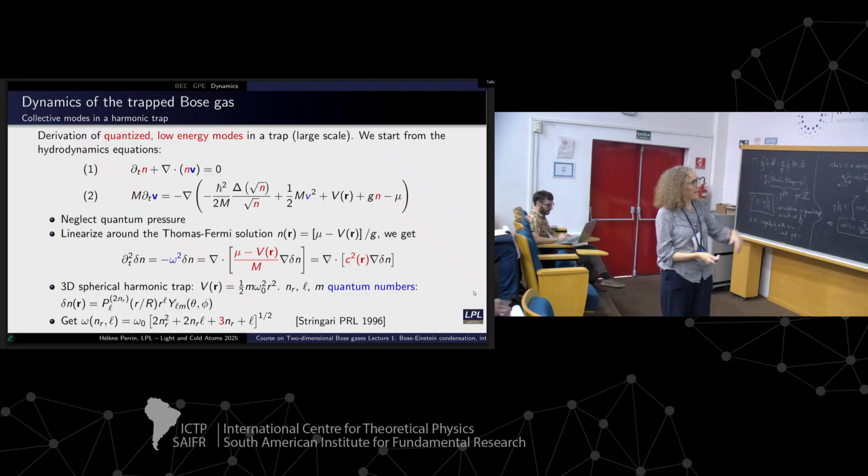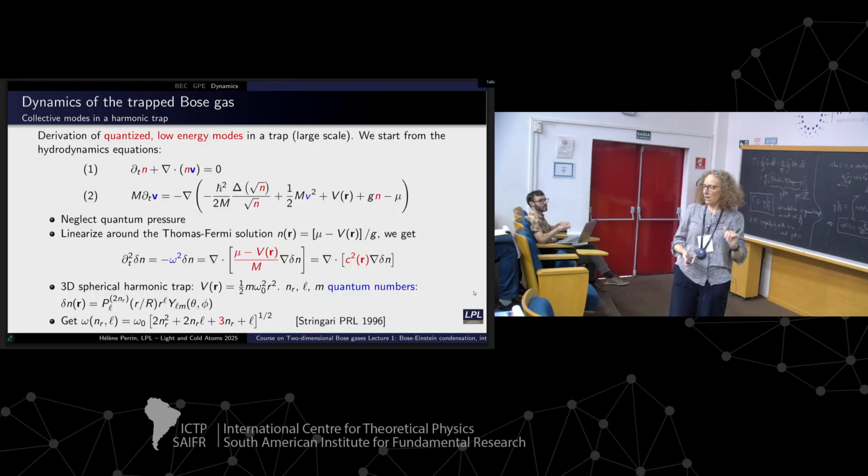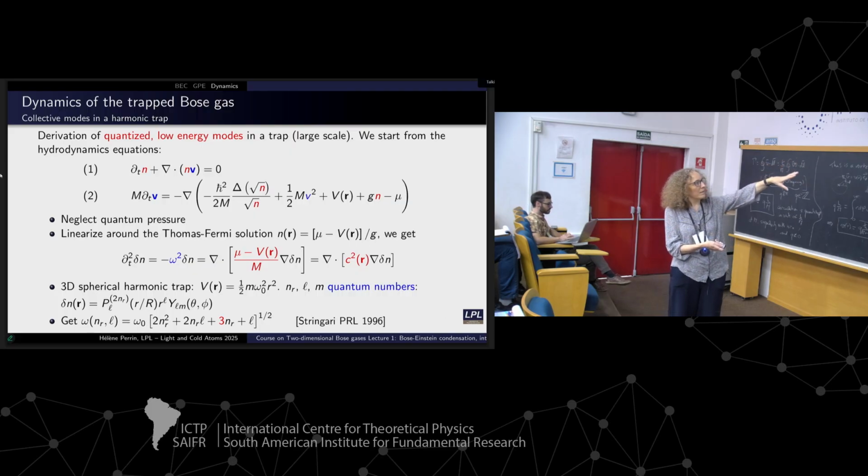And in this case, I will find the square root of mu minus V of r over m. So it's a kind of local speed of sound. And the modes, I will find them by solving this equation: the second derivative with respect to time of delta n is equal to the divergence of the local speed of sound squared times the gradient of delta n.